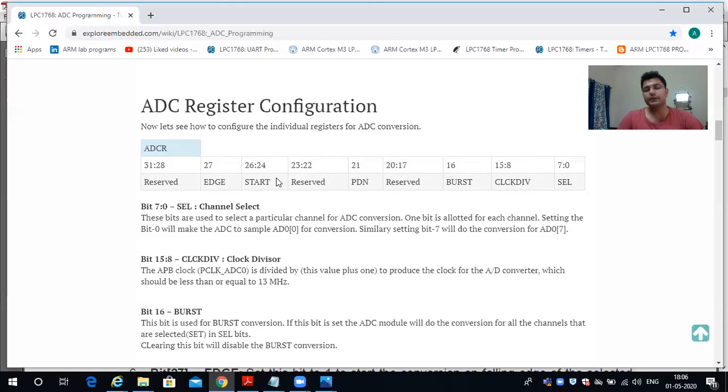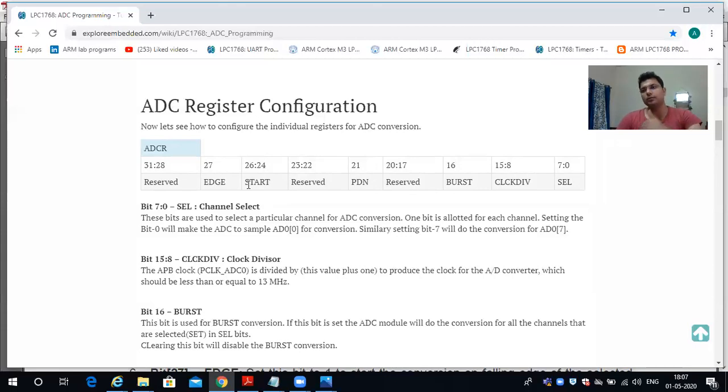001 will start it. But suppose we want to start it over the rising edge or the falling edge. In that situation, the 27th bit should be 1, and only when the 27th bit is 1 are the other 6 possibilities possible. 3 are for the rising edge, where it can start converting the input signal over those 3 positions.